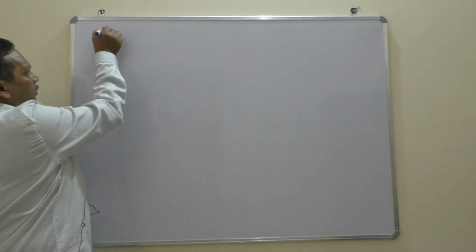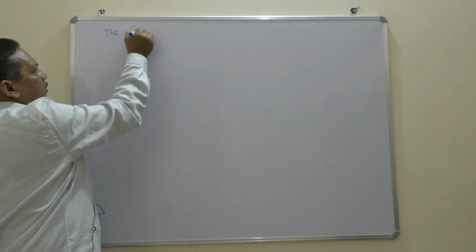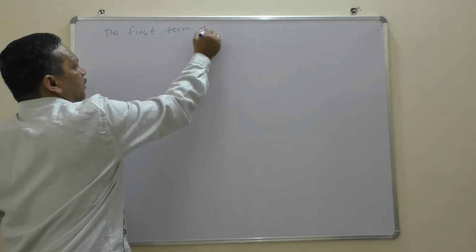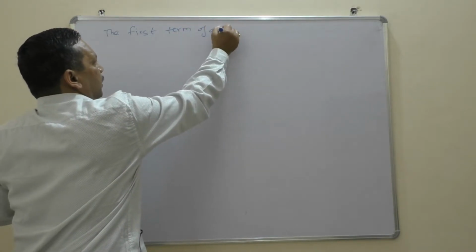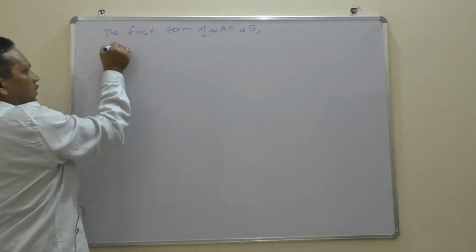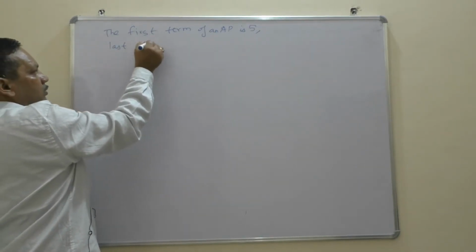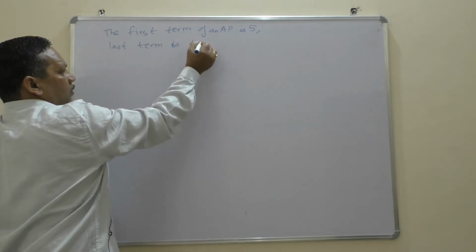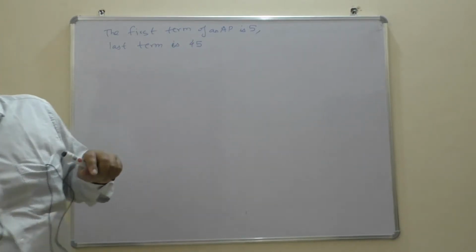I repeat, the first term of an AP is 5. Clear? The last term, the nth term, is 45. Clear?